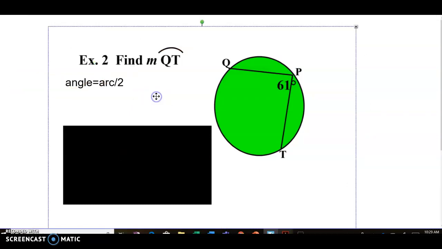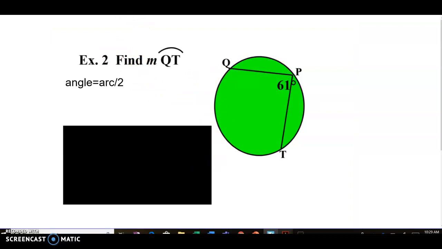Example 2. Again, first thing we have to do is identify what we're looking for. Looking right here, I can see that I am looking for an arc. I have QT, I see the arc symbol right there. It looks like a little eyebrow. And so I am looking for this measure right here, so I'm going to put an x out here. I have the measure of the angle, so I have to put the angle where the angle goes. So when I type this out, I have 61 is equal to x divided by 2. And the reason I'm putting x there is because that's the arc.